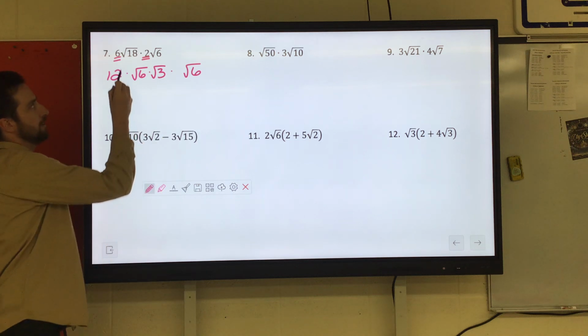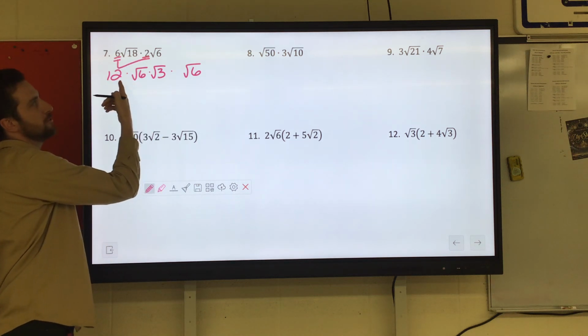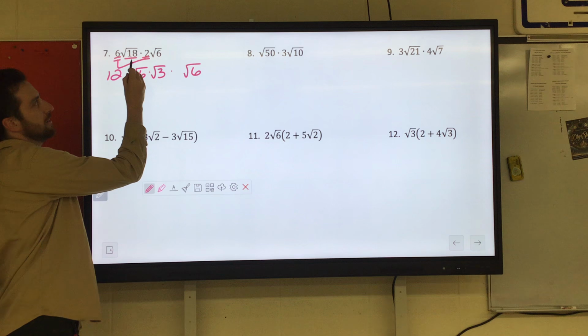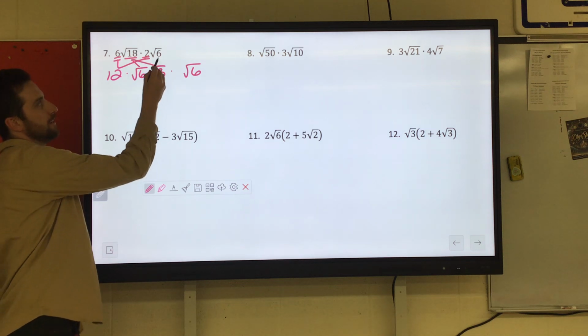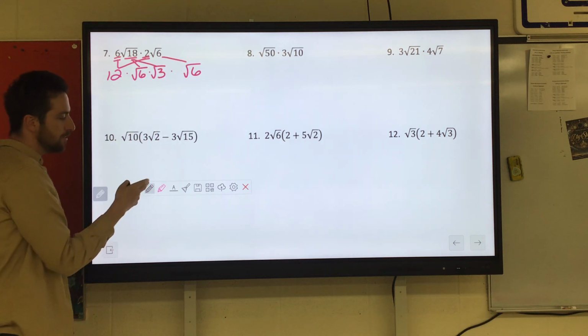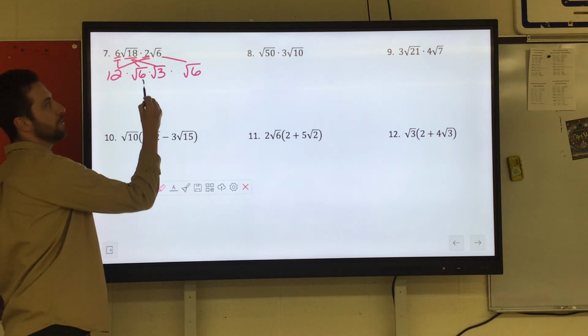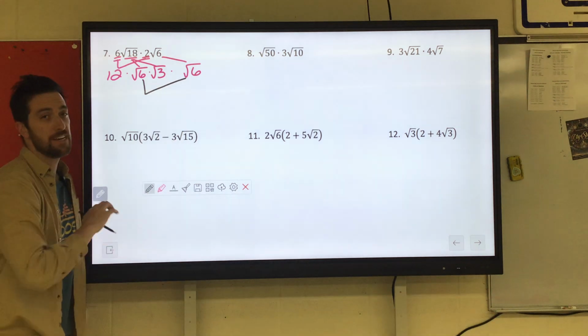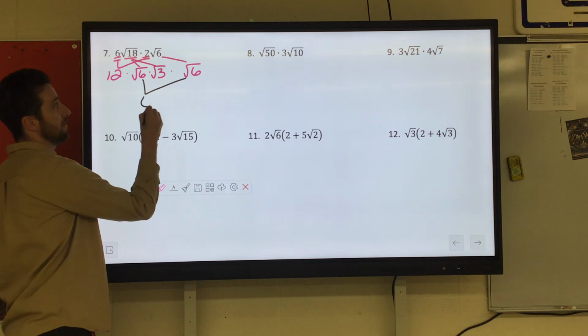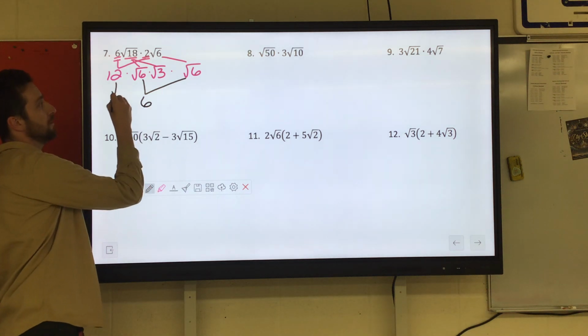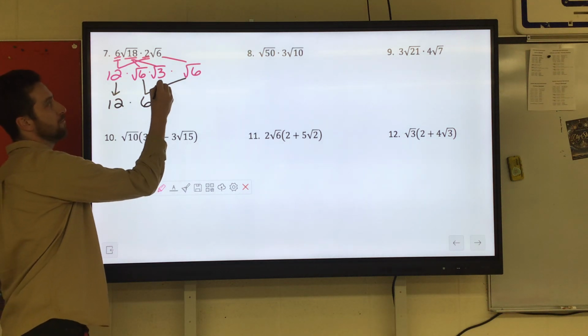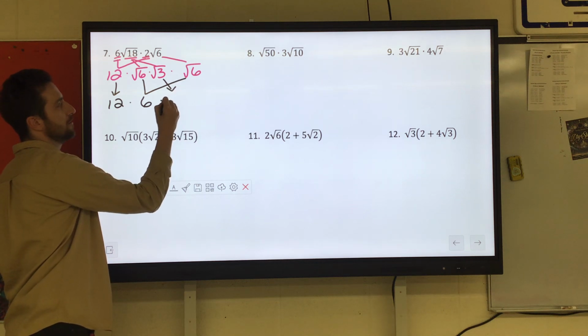So this is kind of everything. The 6 times 2 gave us the 12. Here's our root 18 split with the 6 and 3, and then here's our root 6. So this will allow us to do the trick of the square root of 6 times the square root of 6 is just 6. And then we could bring down the other stuff. We could bring down our 12. We could bring down our root 3.